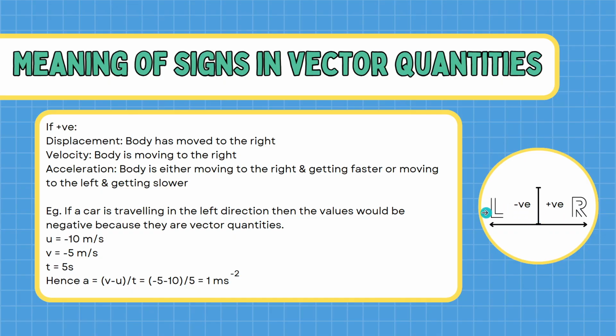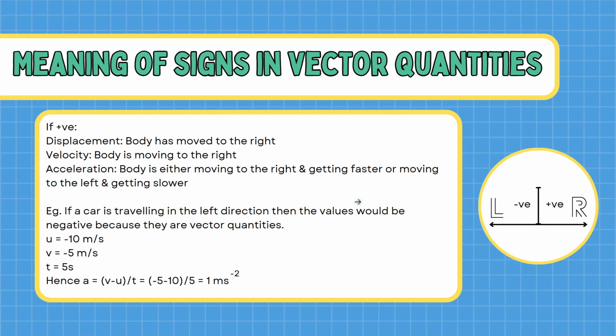But if it was on the left side, it would be in the negative direction. Now, displacement, as we talked about before, s: the body has moved to the right. So a positive displacement means it has moved towards the right. Velocity: the body is moving towards the right. So let's say it was 40 meters per second. It will just be going here and moving forward.